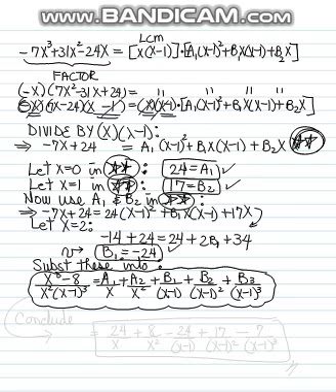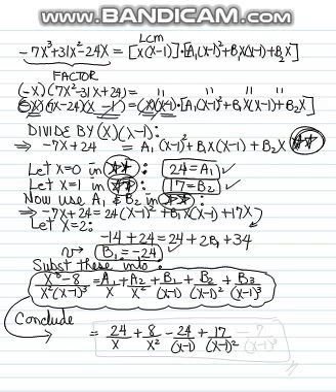Putting it all together, we now conclude that the answer equals 24 over x plus 8 over x squared minus 24 over (x minus 1) plus 17 over (x minus 1) squared, and finally minus 7 over (x minus 1) to the third.